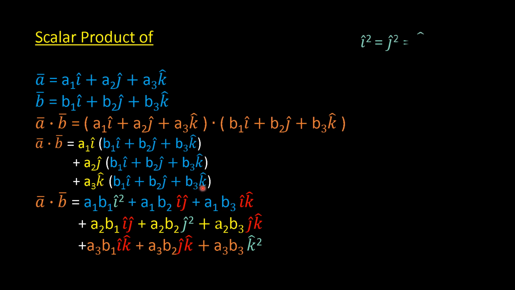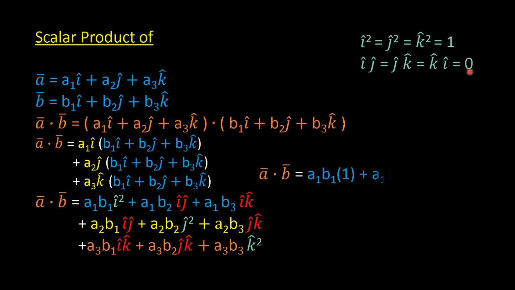Now for a dot product, we know that i cap squared equals j cap squared equals k cap squared equals 1, and i cap j cap equals j cap k cap equals k cap i cap, which is 0. So here, in place of i squared, we will write 1.